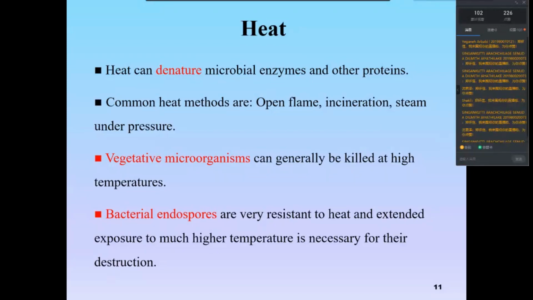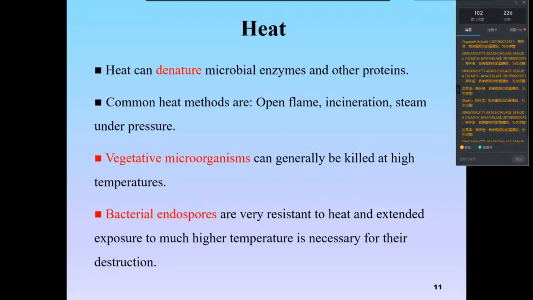If you increase the temperature too high, the protein, which is made up of amino acid chains, will fold in wrong ways. So it will change from the native state and fold in wrong ways, and this procedure we call denaturation. After denaturation, the proteins or enzymes will lose their function. So we can say that the protein is dead.